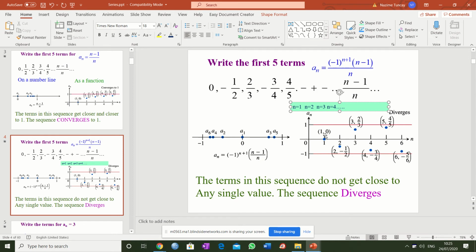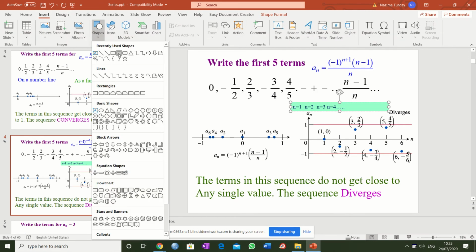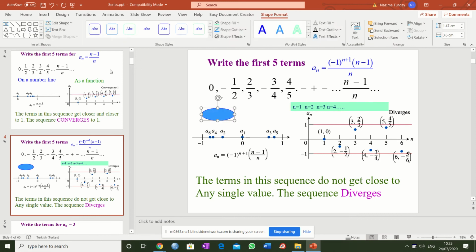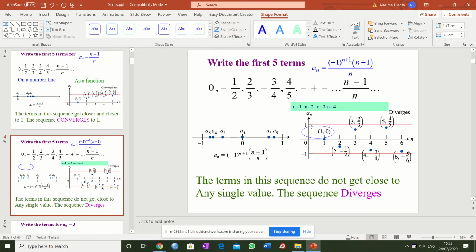This one is here. Then I'm going to take some more shapes from here. Yes, here, this is 1, 2, 3, 4, 5, 6. These are domain. And 0, minus 1 over 2, 2 over 3, minus 3 over 4, 4 over 5, minus 5 over 6.